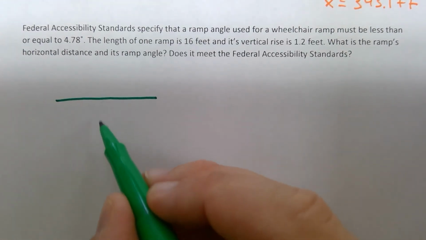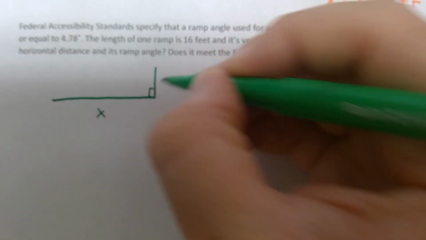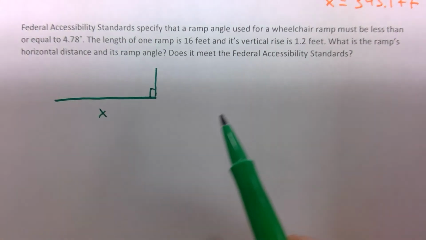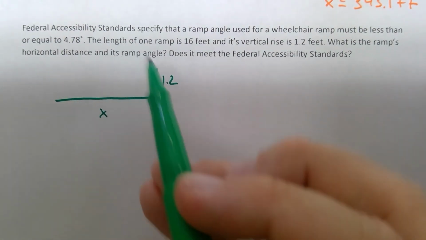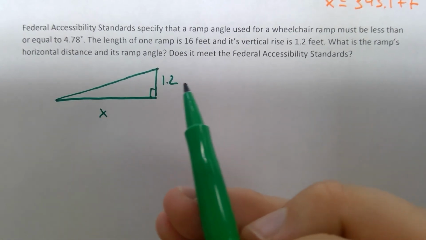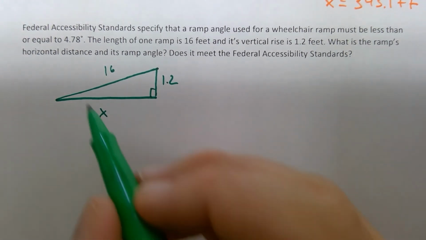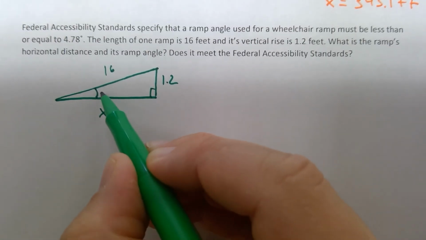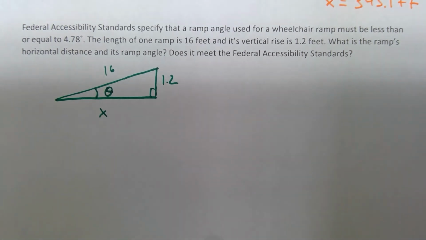We don't know this length. We're going to call it x. We make a ramp here. We're told that its vertical rise is 1.2. And we're told that the ramp length is going to be 16. And we know that our reference angle is right here. We call this theta.